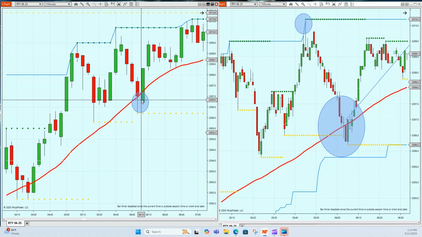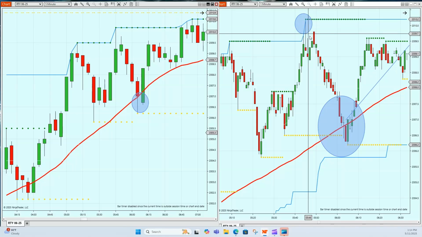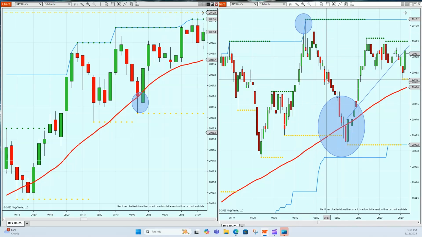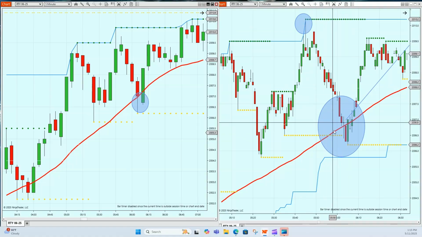Candle forms here, consolidates, boom, gone. That's what he sees. You're seeing this, so you have to visualize, does this kind of meet the idea of a relatively smooth pullback? And I know from seeing this for years that it does.